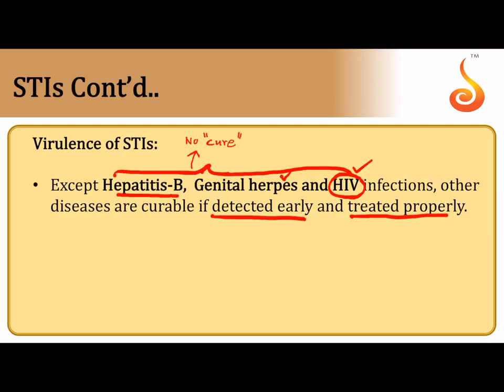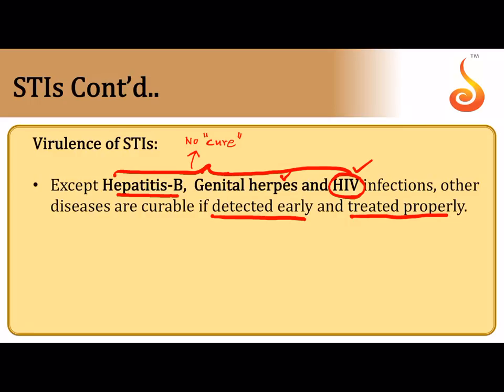So when I say no cure, it doesn't mean that it is a death sentence. Please remember, it is manageable. If a person takes proper care of his personal hygiene, his lifestyle, his diet, then of course he can prolong his life. He can live happy and content, and he can fulfill all his dreams.